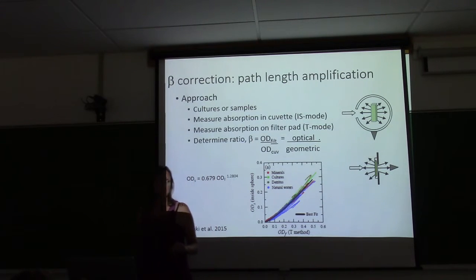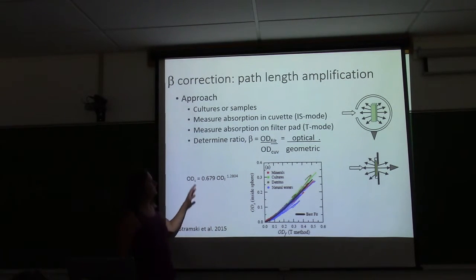The other thing is that when people submit data, they were submitting absorption, and there's no record of the volume filtered, so you can't get back your original absorbance or optical density.